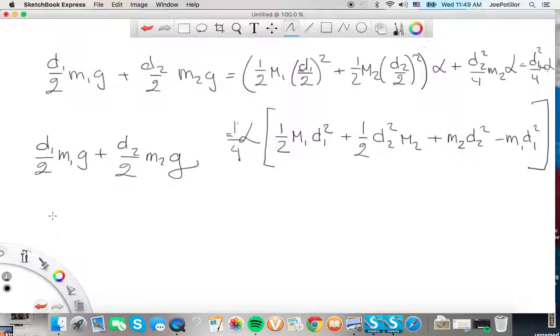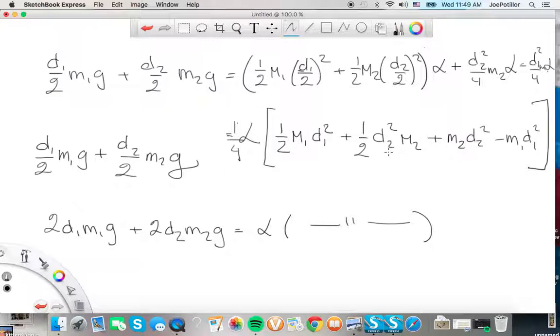So we end up with twice equals alpha times that whole mess over there. All right. And by that whole mess, I'm referring to what's next to it. Because I'm too lazy and don't want to write it for you.